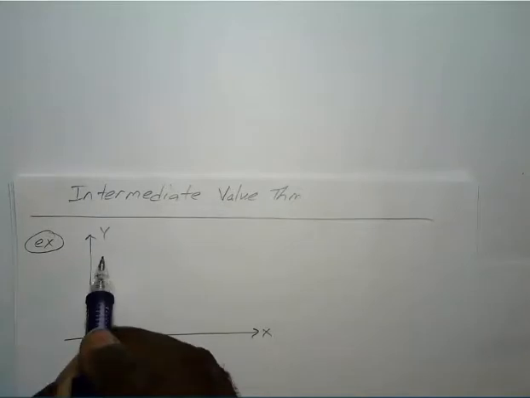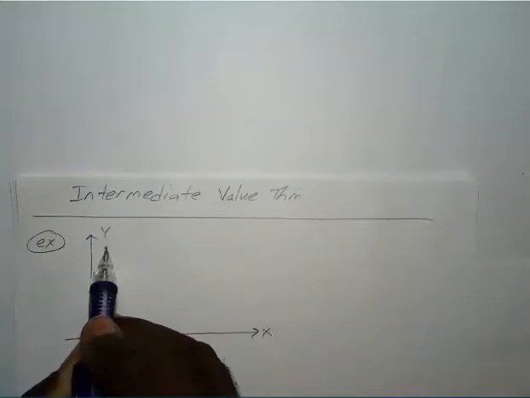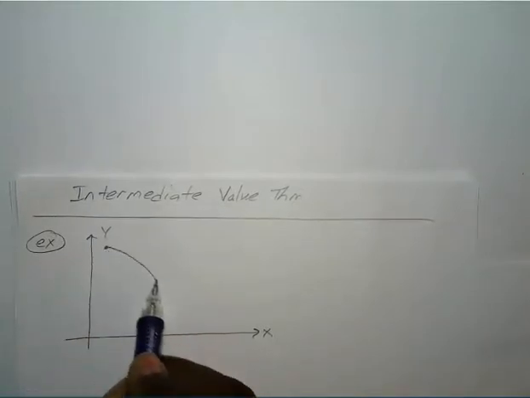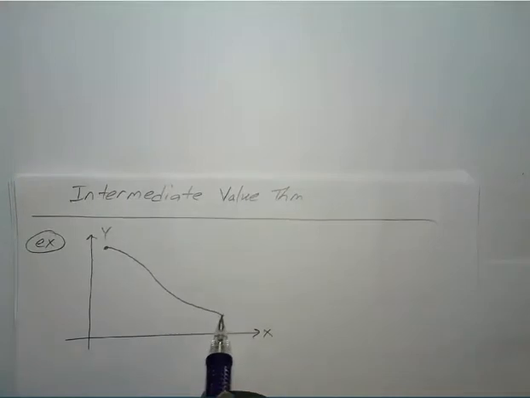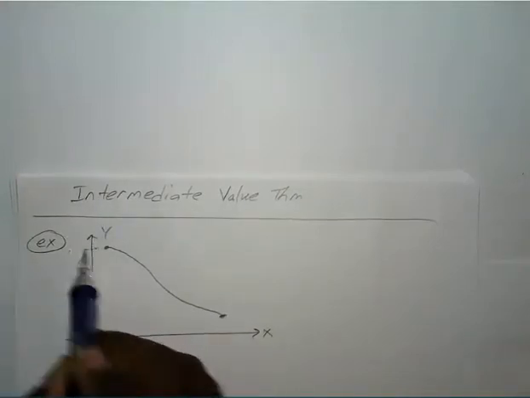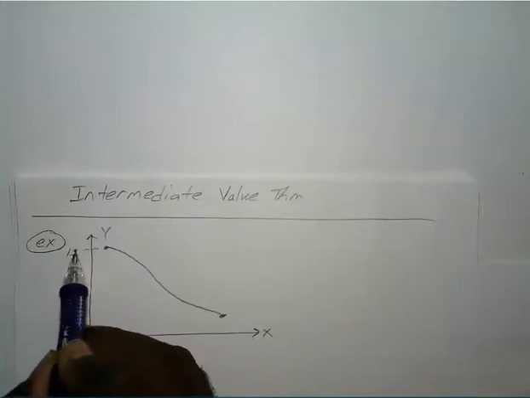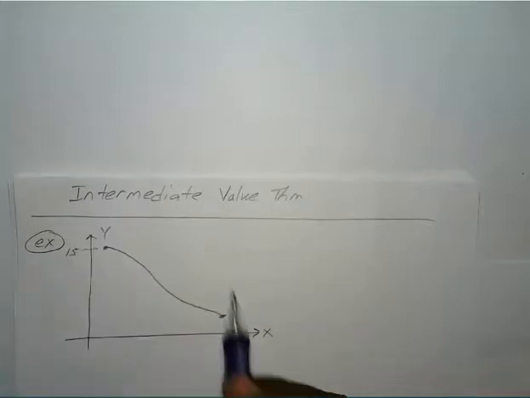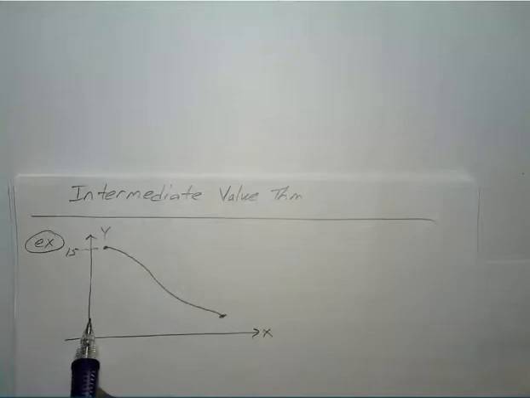Let's say you have a graph here. Let's say that this value of y is 15, and this value right up here is 4.